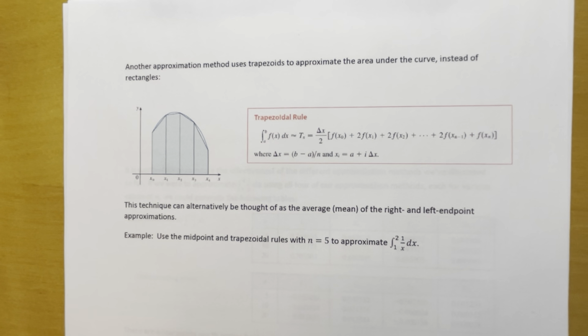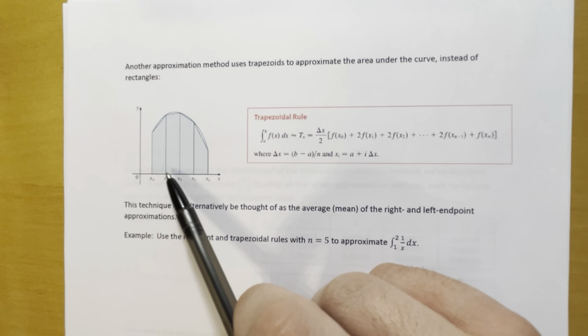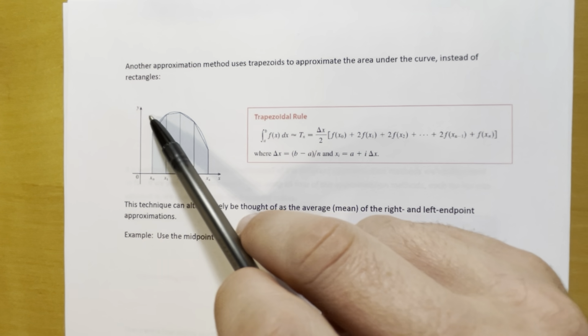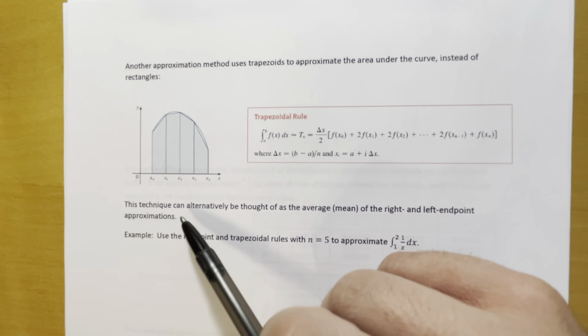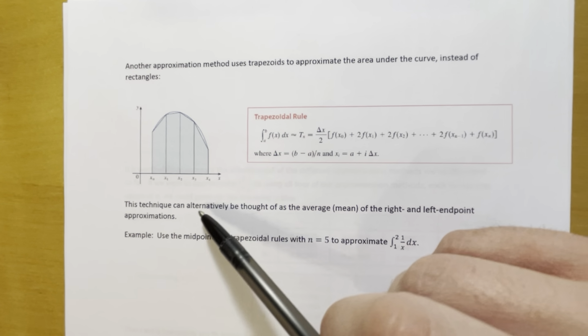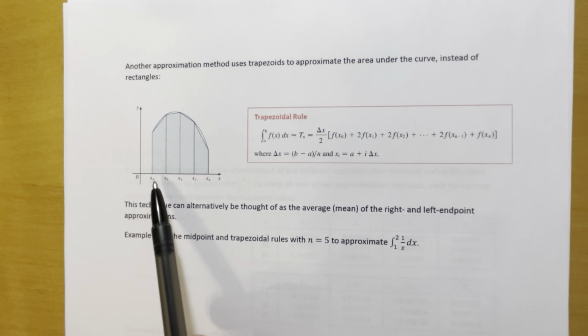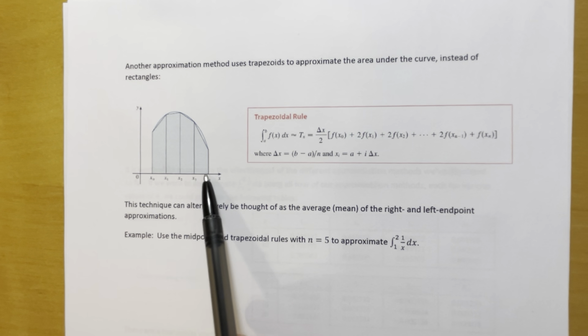So here's the first approximation method that's new in this section, and this is what we call the trapezoid rule. This rule is similar to the previous three, but instead of using rectangles under the curves, we use these trapezoids. So the way that we choose these trapezoids is you still take the interval that you're integrating over, break it up into equally sized subintervals.